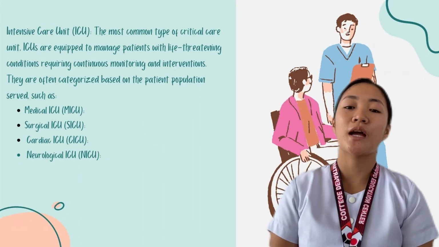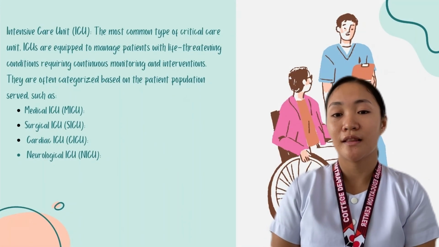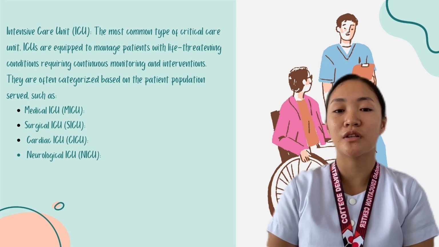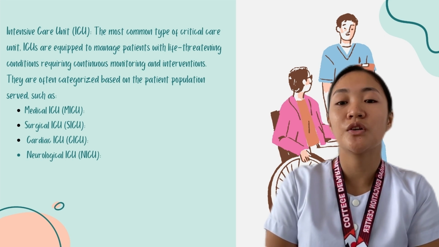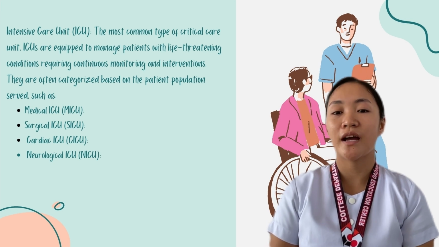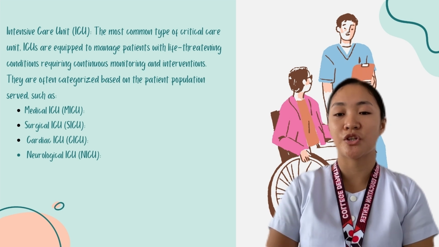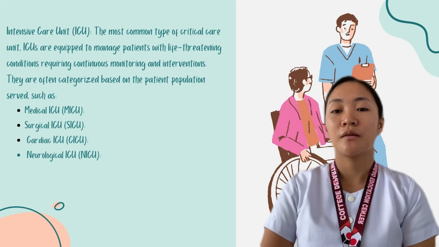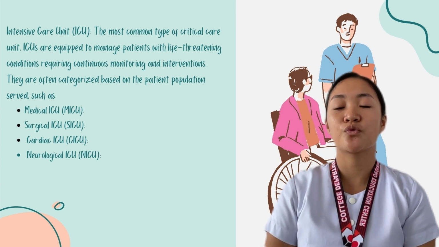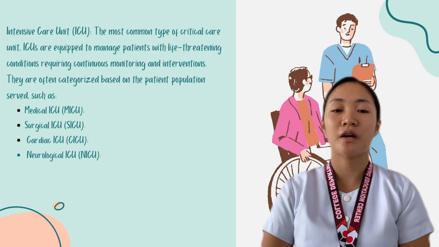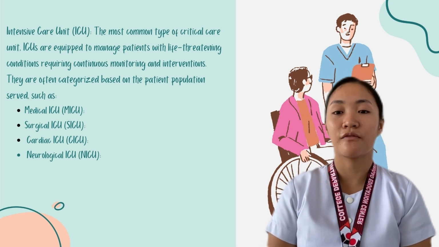The most common type of critical care unit, the ICUs are equipped to manage patients with life-threatening conditions requiring continuous monitoring and interventions. They are often categorized based on the patient population served, such as the medical ICU, the MICU, which focuses on patients with medical conditions like sepsis, respiratory failure, and heart failure.